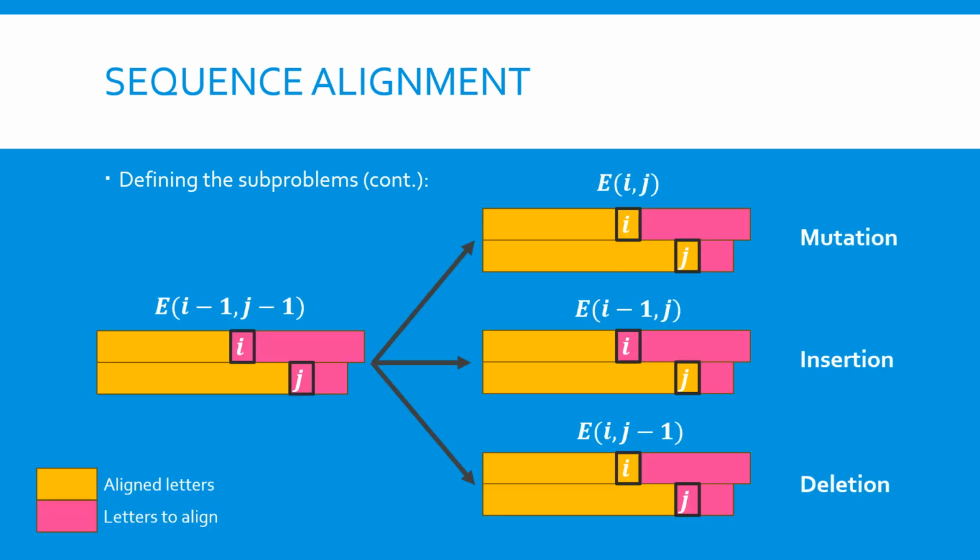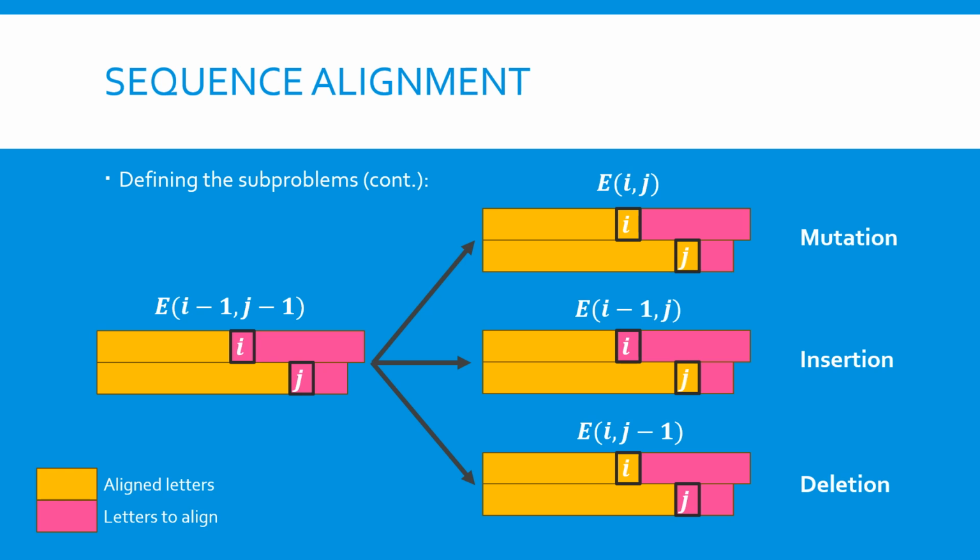Let's visualize this reasoning process using a simple example. We represent the two inputs as bars. The yellow sections indicate aligned letters, while the pink sections represent letters that still need to be aligned. At the start, we have aligned the first i-1 letters in S1 and the first j-1 letters in S2.